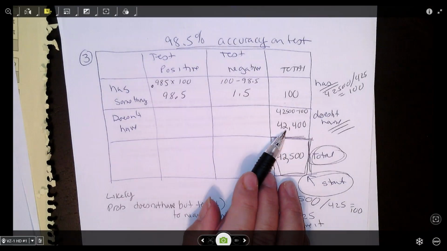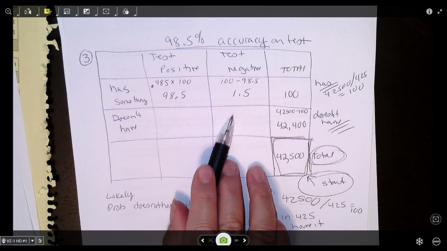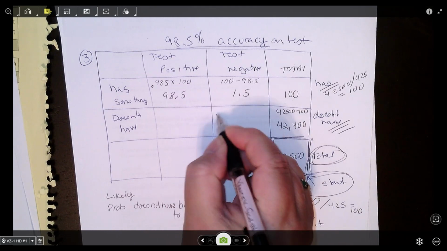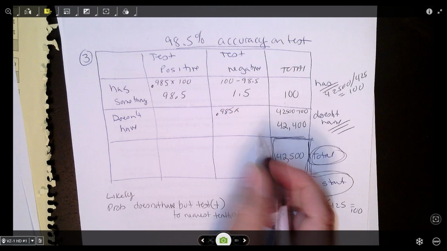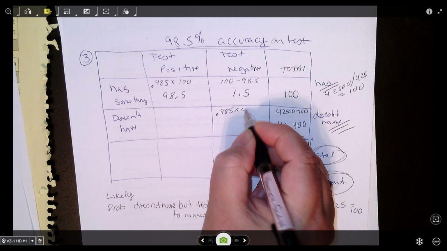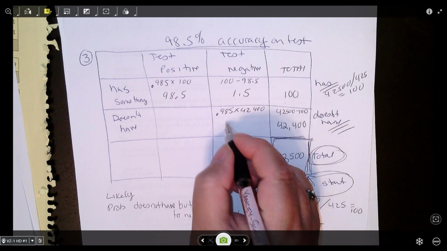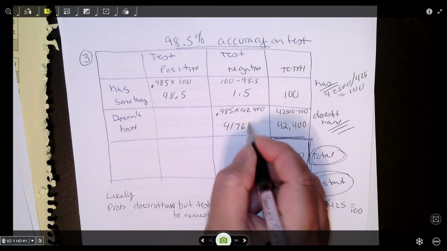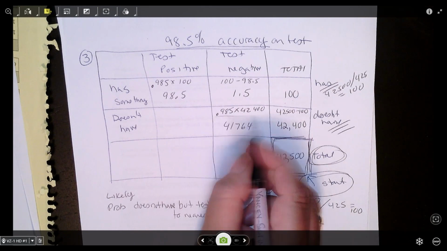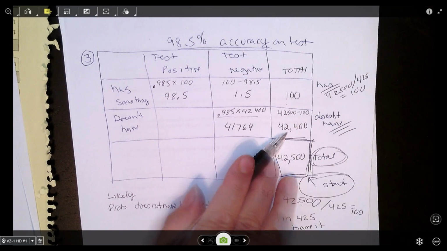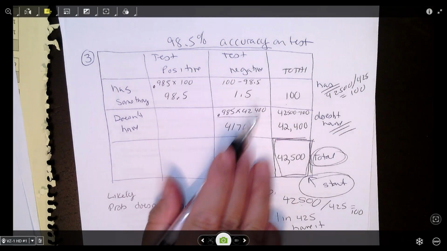Now, these people don't have it, so to be accurate, their test should be negative. So 0.985 times 42,400 gives us 41,764. Because to be accurate, if you don't have it, you should have a negative test result.